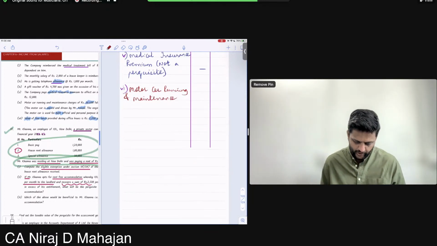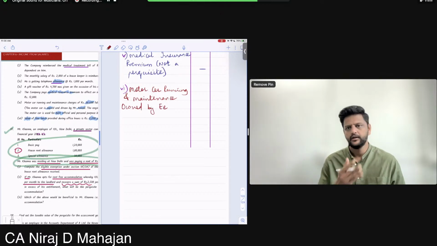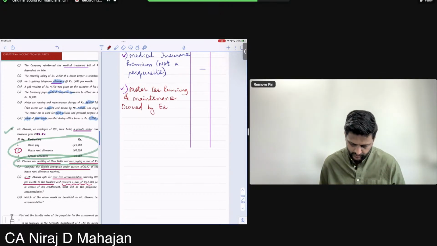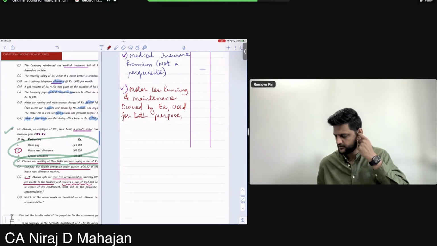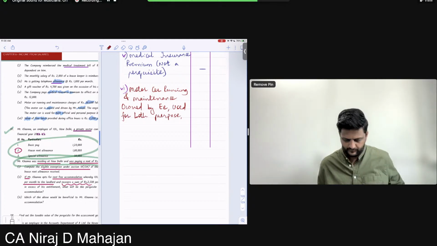Tell me the features. Owned by employee. Used for both purposes, obviously. And engine capacity is less than 1600 cc or 1.6 liter.